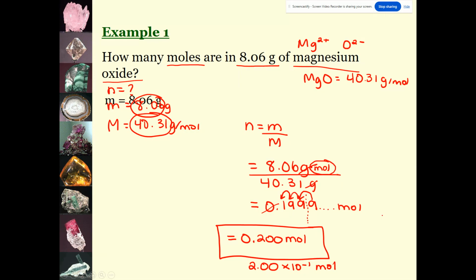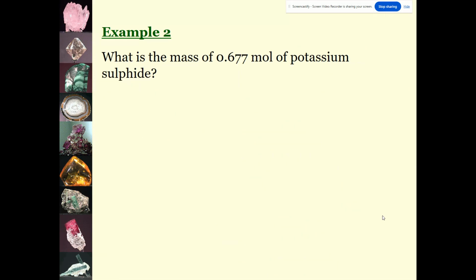Next example is looking at mass. What is the mass? I am looking for M this time. I am given my N, my moles. 0.677 is my mole, my N value. And I have potassium sulfide. So again, I need to figure out the formula of this compound before I can figure out the molar mass.